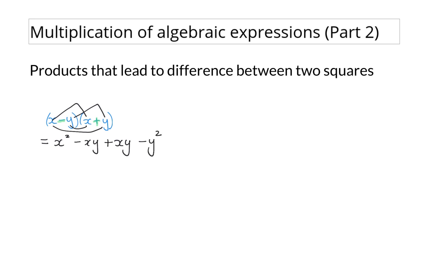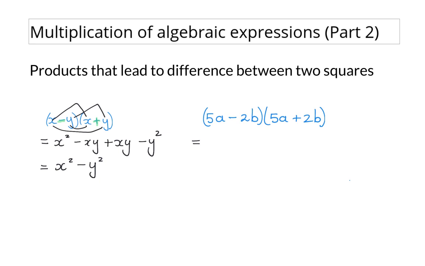Now if you look at the two middle terms, they are additive inverses of each other, and therefore the sum of the two like terms in the middle is exactly 0. And that's why the answer is the difference of two squares.